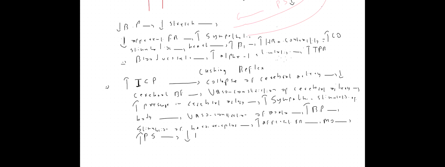So in the Cushing reflex, what is the trigger? Just start from the trigger: raised intracranial pressure. Raised intracranial pressure leads to increased blood pressure. So the first component of the Cushing reflex is increased blood pressure, or hypertension, due to increased sympathetic stimulation.